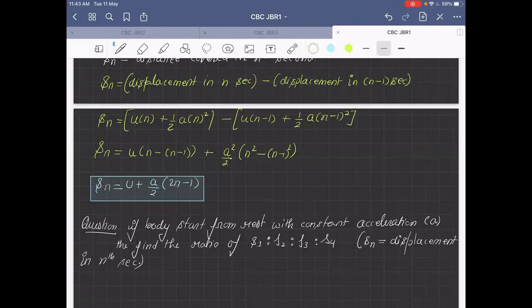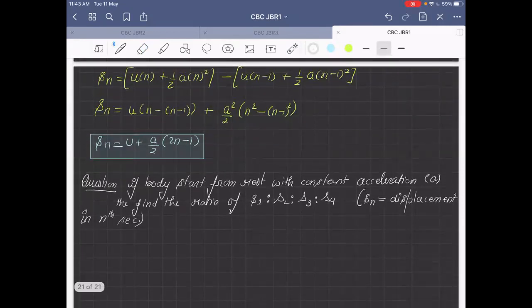I need the ratio of S1, S2, S3, and I got only one person here who is giving the answer. So the answer here is how much?